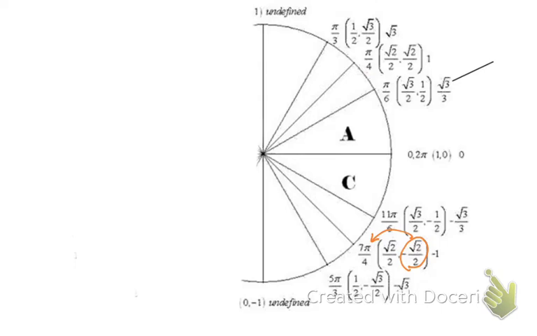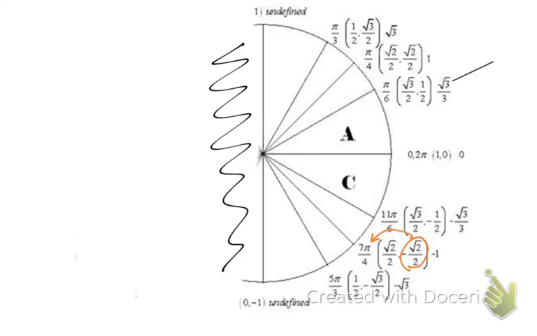That is incorrect. 7 pi over 4 means that I went all the way around to get there. It's got to be negative pi over 4. So that's why I always draw like black here. I'm just like, I can't go that direction. I'm stuck here. I have to go backwards.